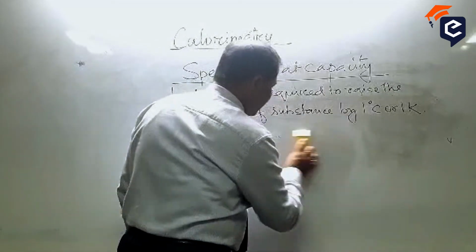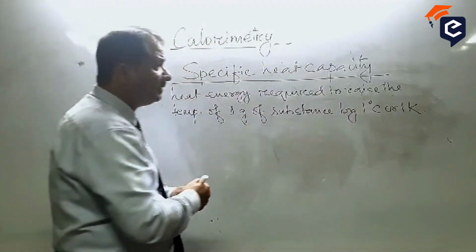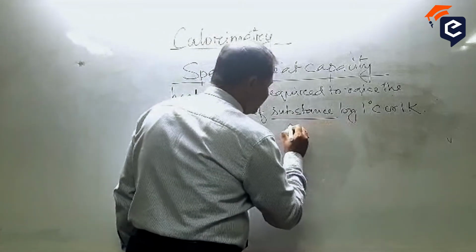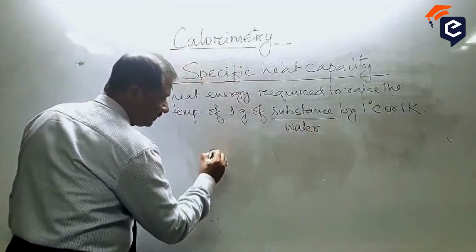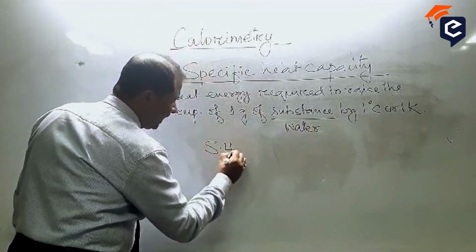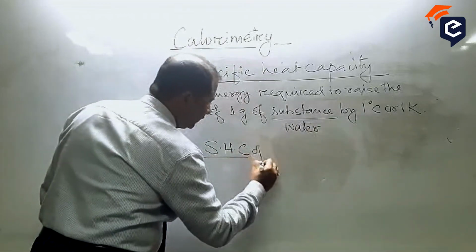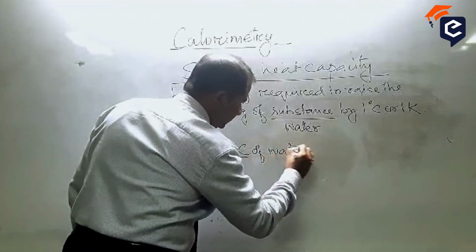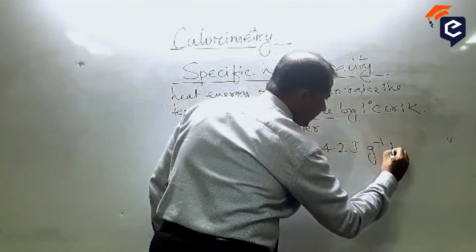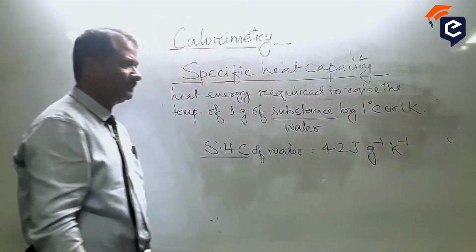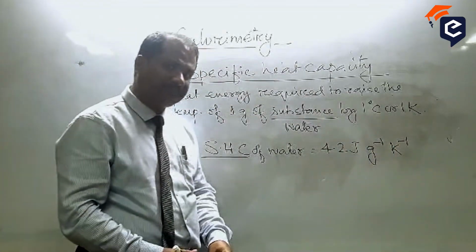Let's come down to that. Let's consider this substance to be water. We say the specific heat capacity of water is 4.2 joules per gram per Kelvin. What does this mean?